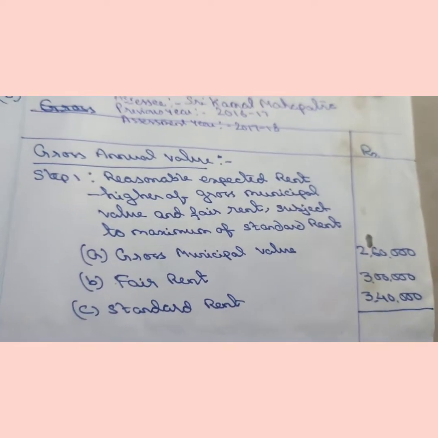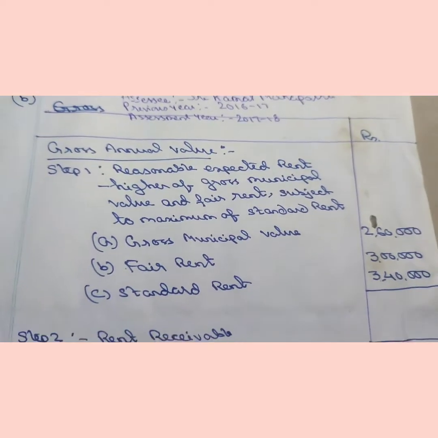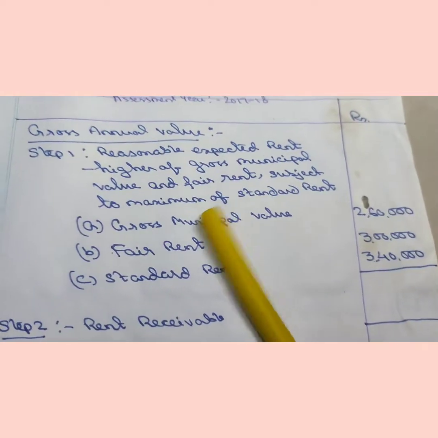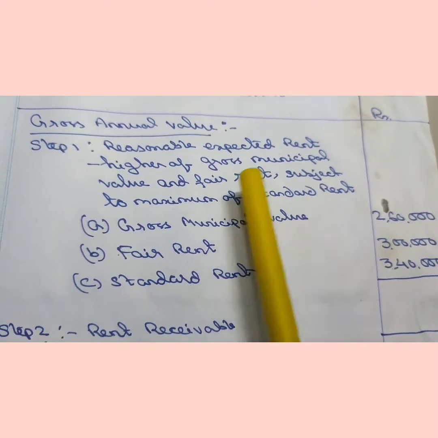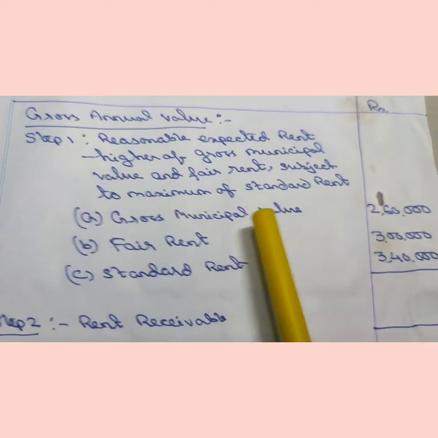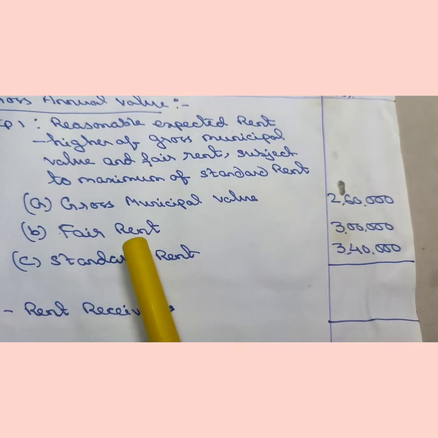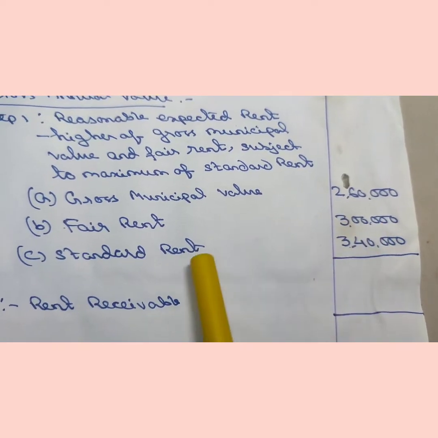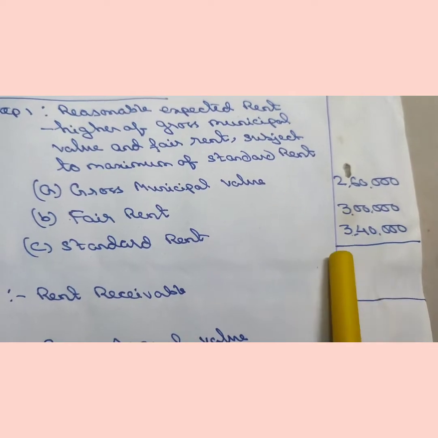Okay, only one column is there. What is written? That is gross annual value. Step 1, reasonable expected rent, higher of gross municipal value and fair rent, subject to maximum of standard rent. It is given that gross municipal value is 2,60,000, fair rent is 3 lakh and standard rent is 3,40,000. But what is the reasonable expected rent?